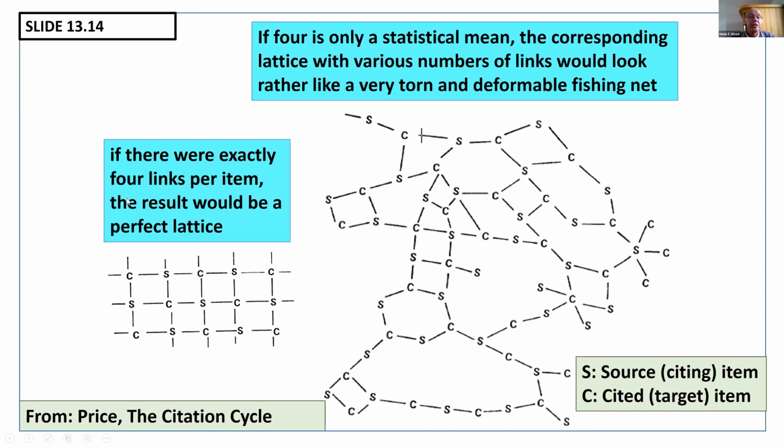And he says that if there were exactly 4 links between a source item and a cited item, you would have a very regular pattern of source articles and cited articles. But of course, this is ideal, and in reality, the number of links can be much more or much less than 4, and then you get a more diffuse pattern.